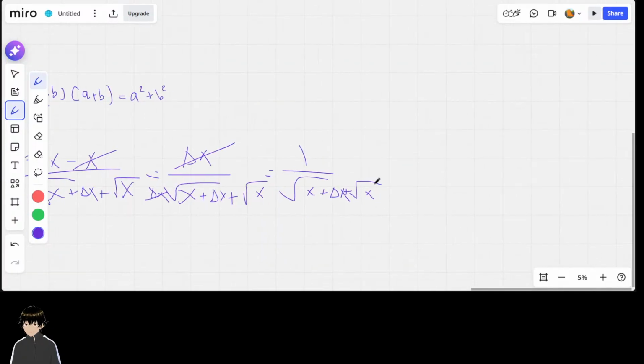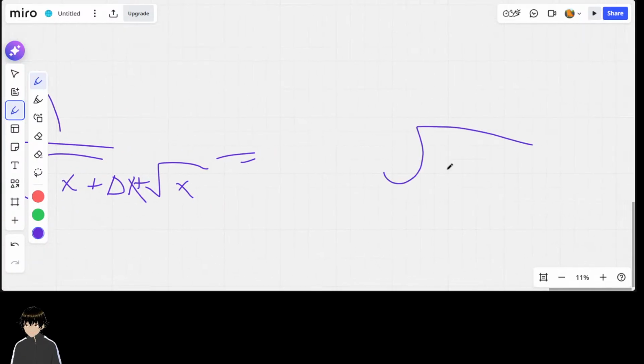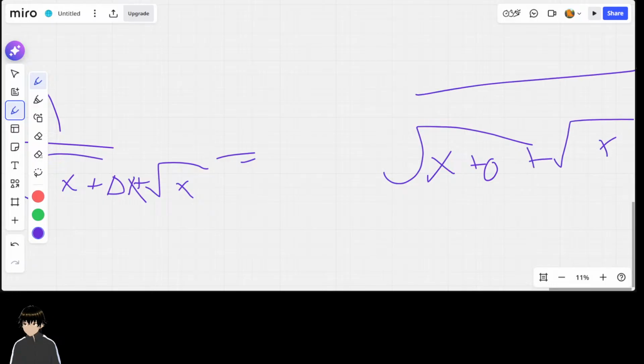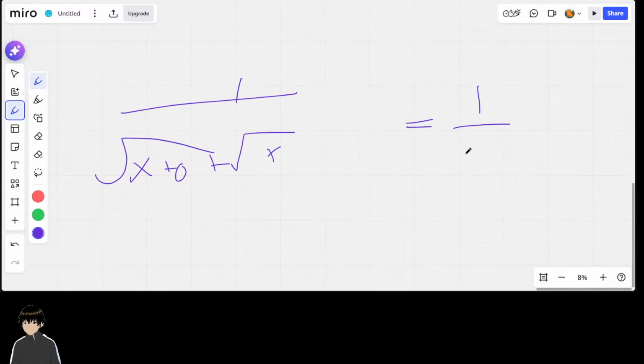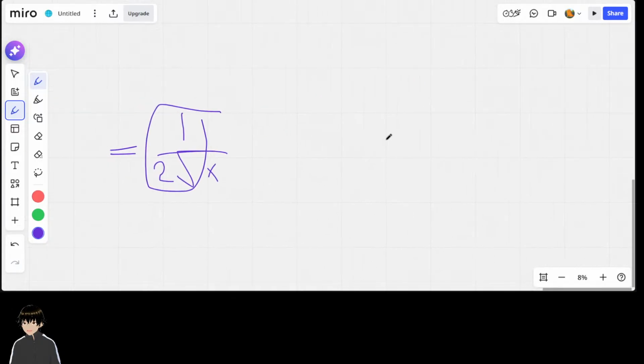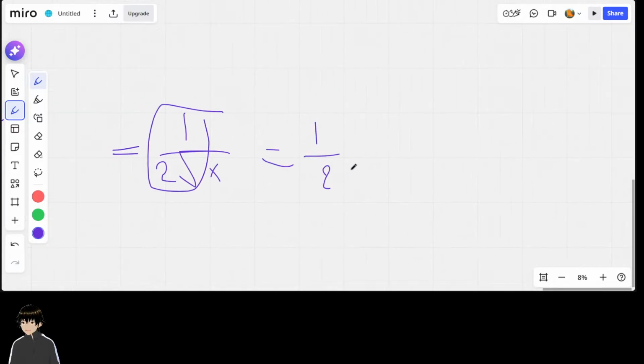Plus that, and then we get the limit, so we get x plus 0 plus x, and that's going to be 1 over x plus x, which is 2x, and that's going to be the final answer.